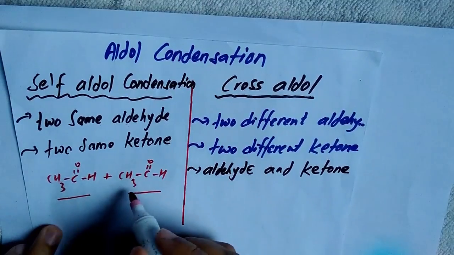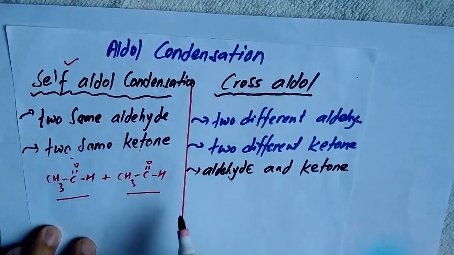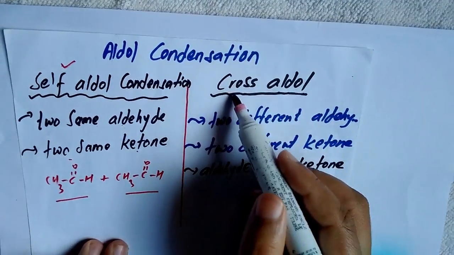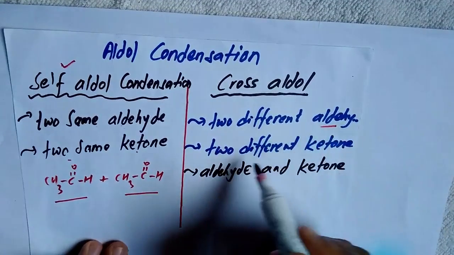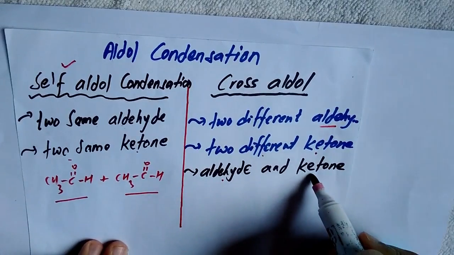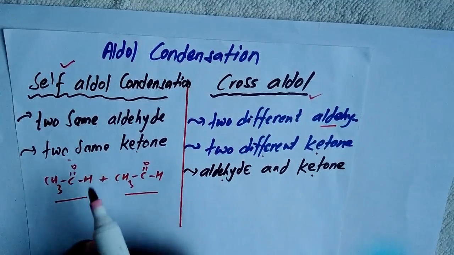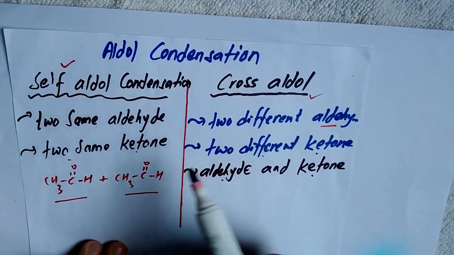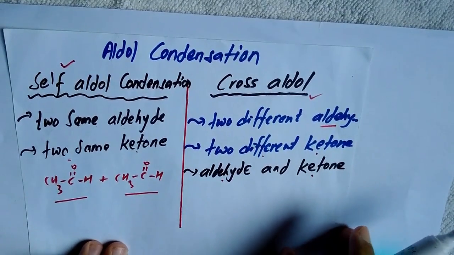Both aldehydes should be the same, or both ketones should be the same, for self aldol condensation. In cross aldol, cross means 2 different: 2 different aldehydes, 2 different ketones, or one aldehyde and one ketone. From both self aldol and cross aldol condensation, the product formed is a beta hydroxy aldehyde or ketone.